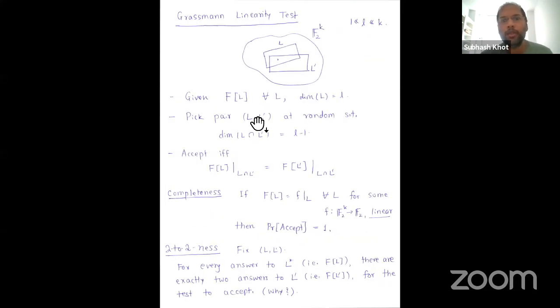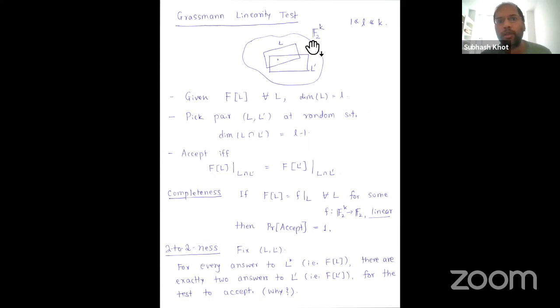And here is the test, which is a perfectly natural test. You are given a table capital F. We pick two subspaces L and L prime, whose intersection is maximal, meaning having dimension little l minus 1.